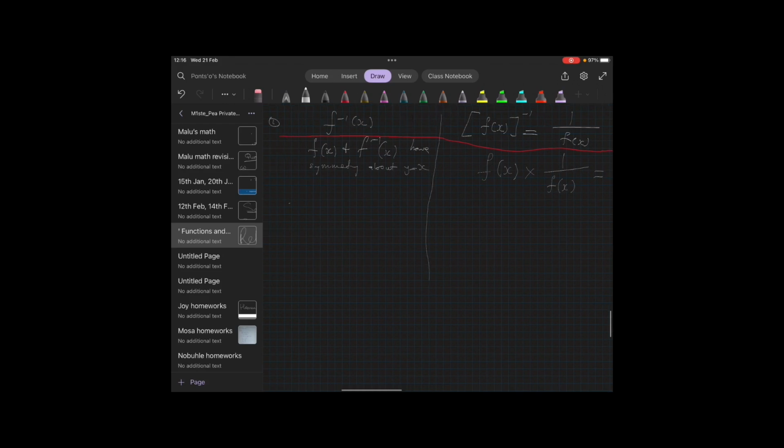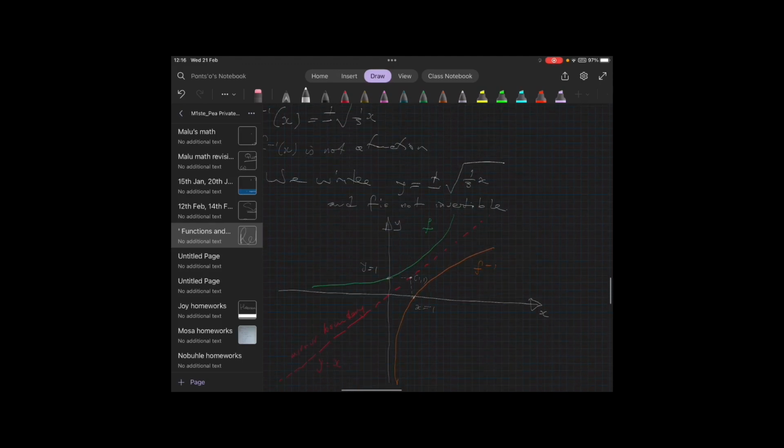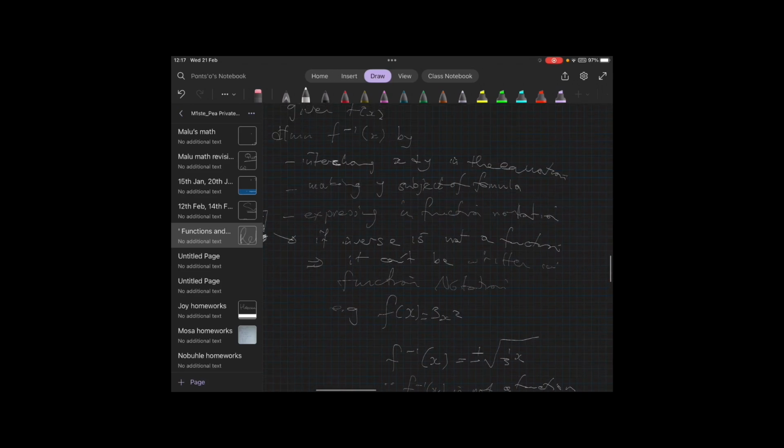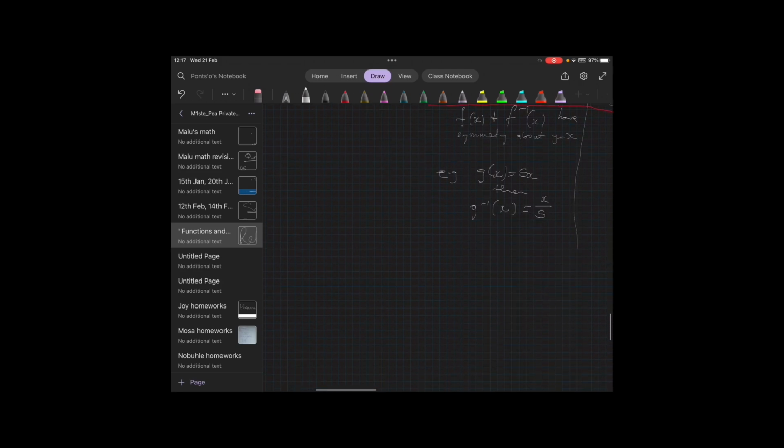So if we look at an example, g of x would be, let's say, 5x, then g inverse of x would be x over 5. And that is because if we follow the 3 rules, remember we have to interchange x and y in the equation.